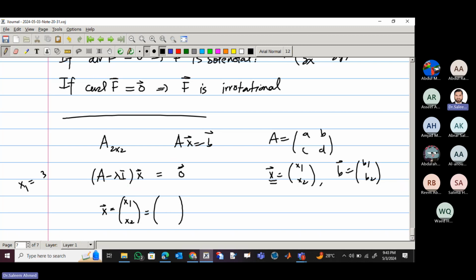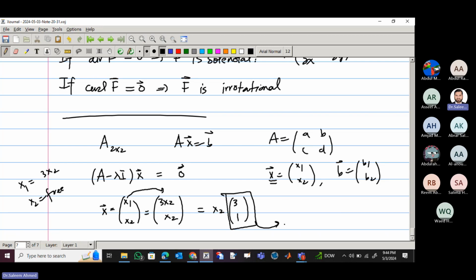Let's say x1 is 3x2, and x2 is free. So I will replace x1 by 3x2, but x2 does not have any value, so x2 will remain x2. Now I will take x2 as common outside and inside you will get just 3 and 1. That is your solution.